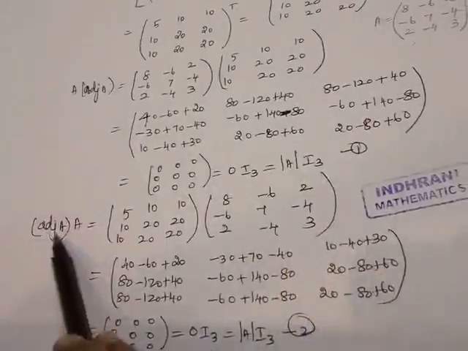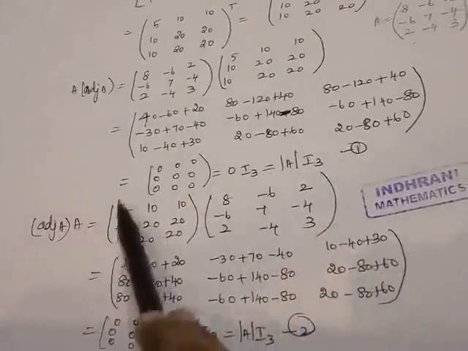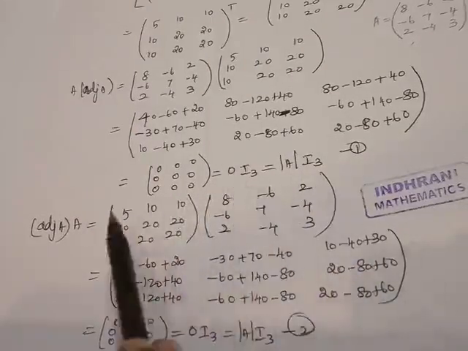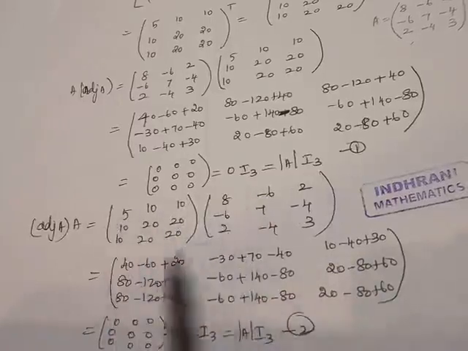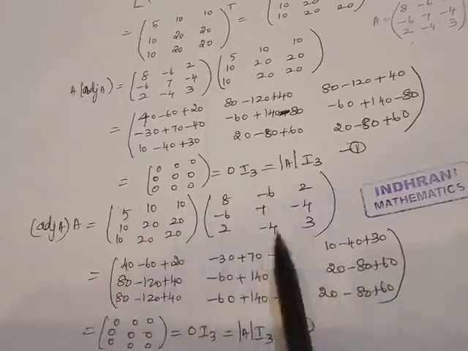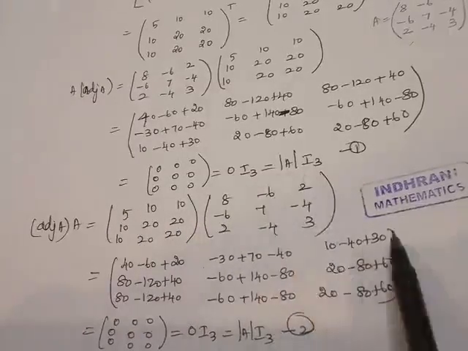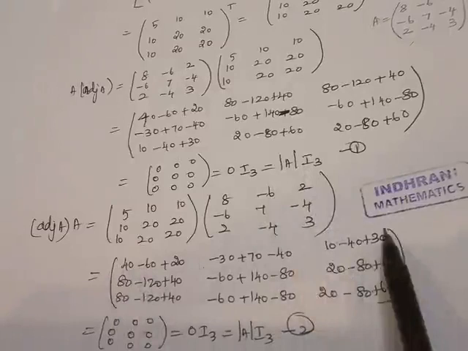Similarly, find adjoint A into A, that is the adjoint A matrix into the matrix A. Same property: first row with the first column, first row with the second column, first row with the third column, gives the first row elements.